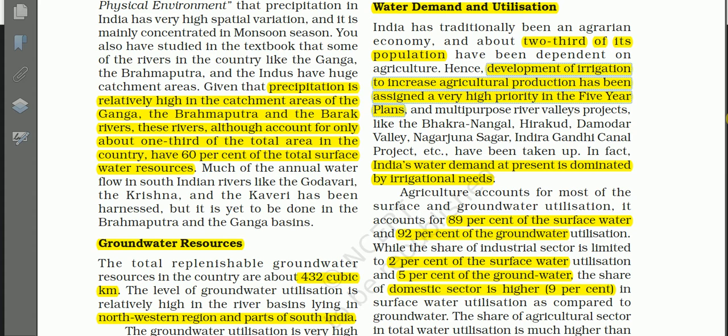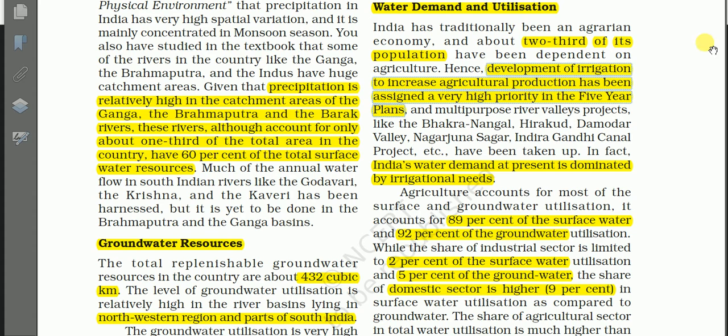The population has been increasing, and if most of the Indians are cultivators, we need water for irrigation. And we need to increase agricultural production also, and to increase it we need irrigation. That is why development of irrigation has been assigned a very high priority in all the 5-year plans in India.